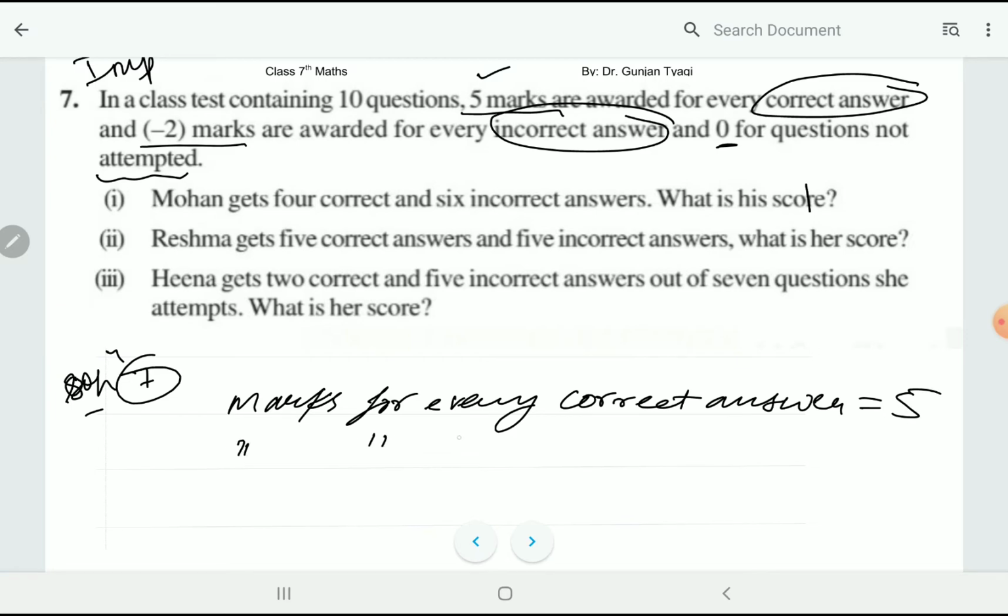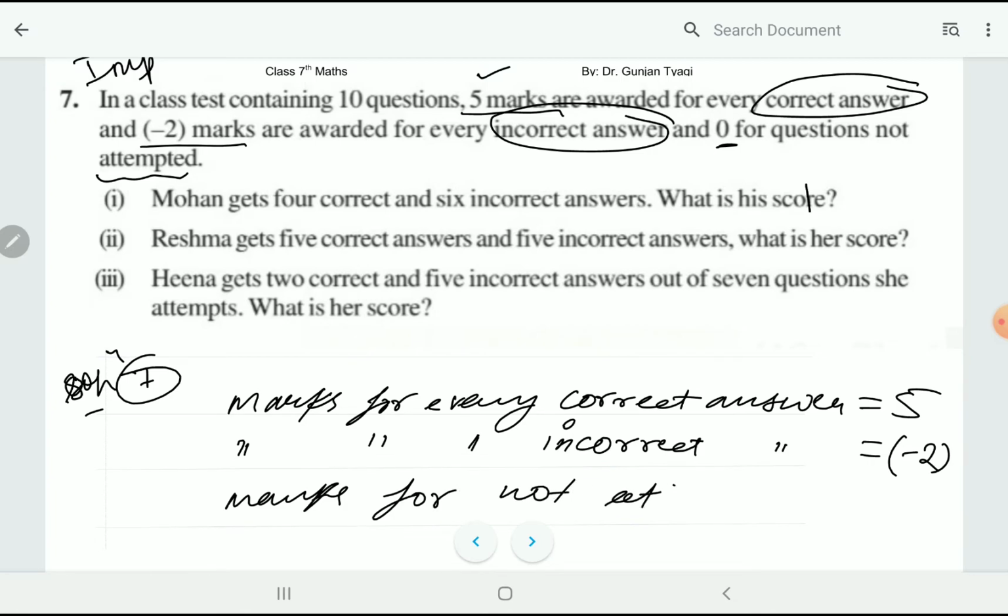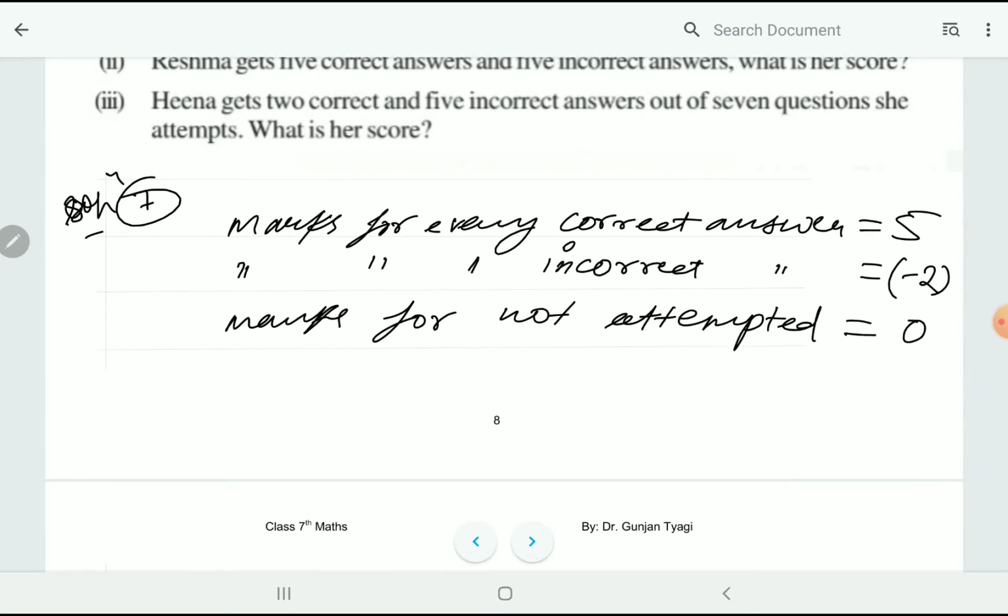Marks for every incorrect answer is minus 2 and the marks for not attempted questions is 0.